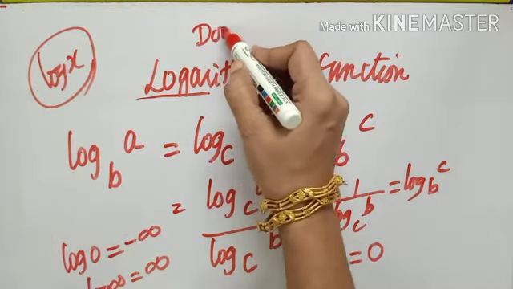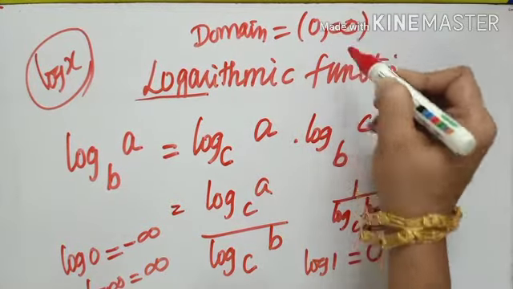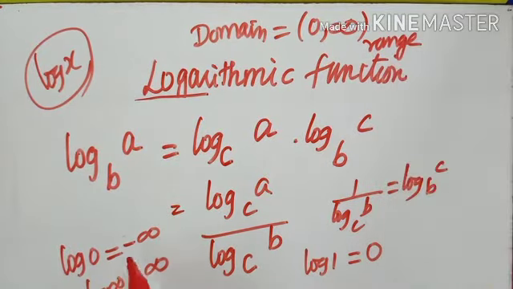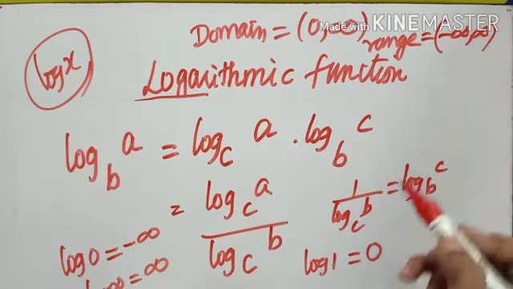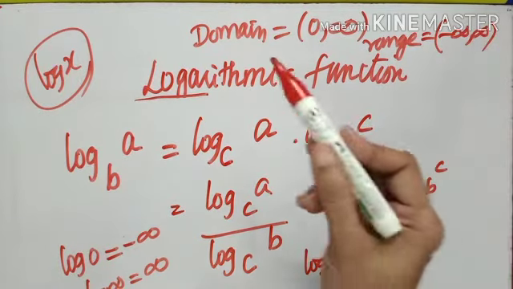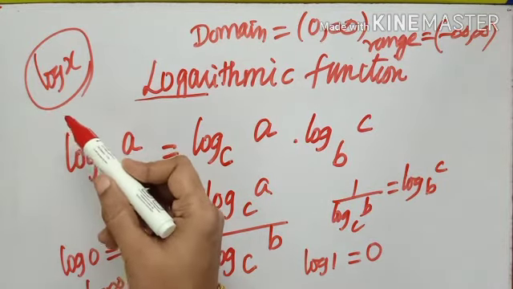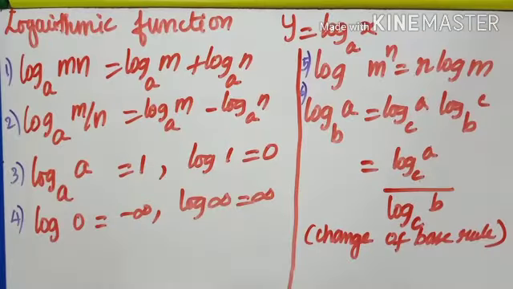So the domain of the logarithmic function, my answer is 0 to infinity. When I come to the range, look at the answer: log 0 becomes minus infinity and log infinity is infinity. So the range I will say is minus infinity to infinity, whereas the domain is only 0 to infinity. Remember, logarithm is defined only for the positive values.